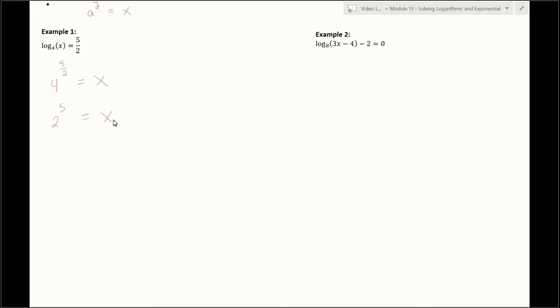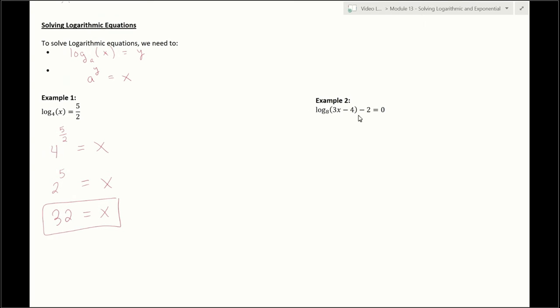And this is the same thing as 32. So if it's already in the log base a of something equals something form, we just convert, and then we're just figuring out what this number is. And we could have even put it in our calculator.